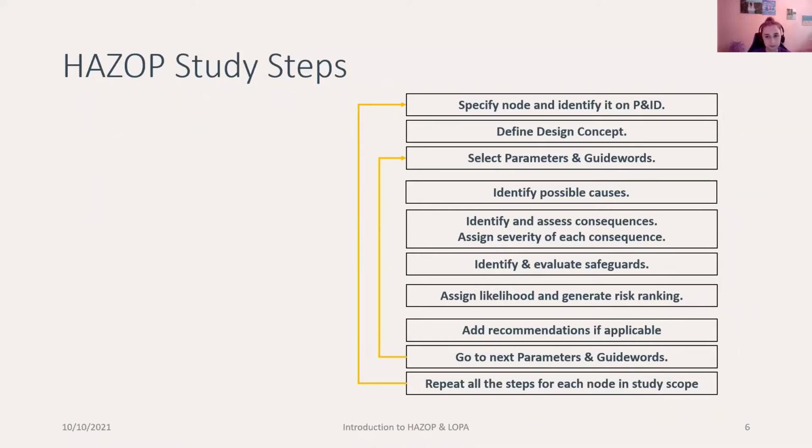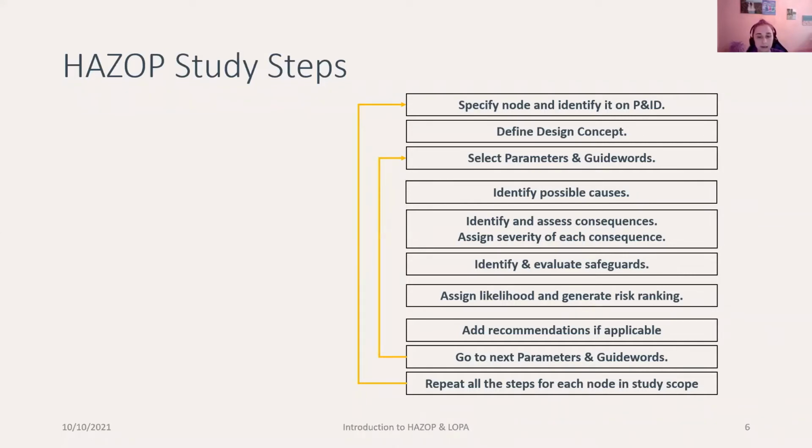After you do that, you are defining the design concept. Then you are selecting parameters and guidewords applicable to your node. Using the parameters and guidewords, you are creating deviations, which then lead us to identify any possible causes that will lead to this deviation.